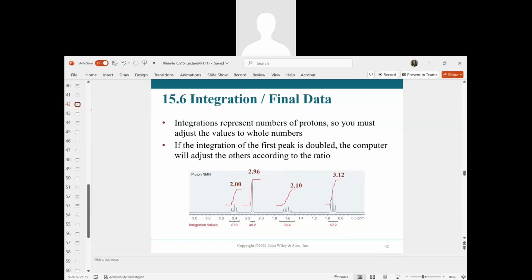And if we were to double these values, we would end up finding that this first peak here would actually be representative of 2 protons. This one would be 3 protons. This would be 2, and then this would be 3, until we reach these numbers that are very close to whole number integers. So again, we have about 2 protons, 3, 2, and 3, in each of these signals.